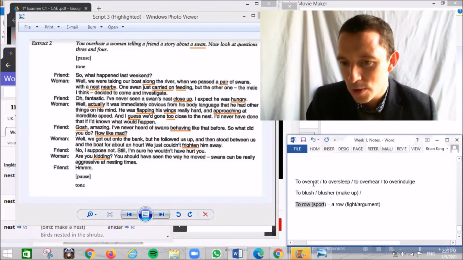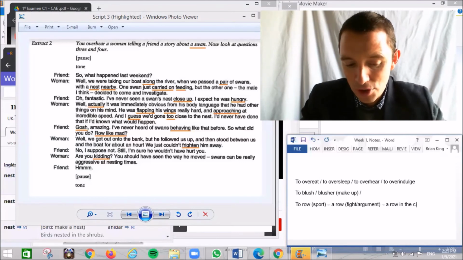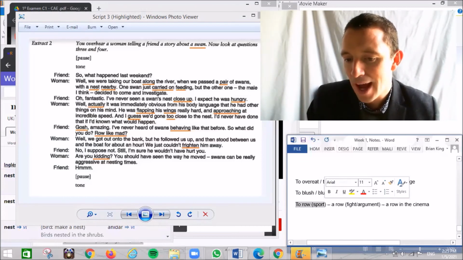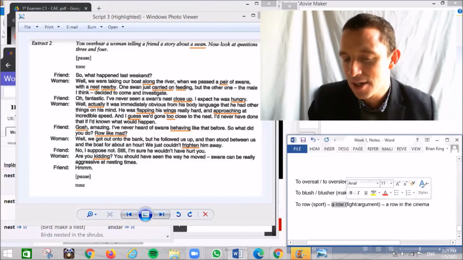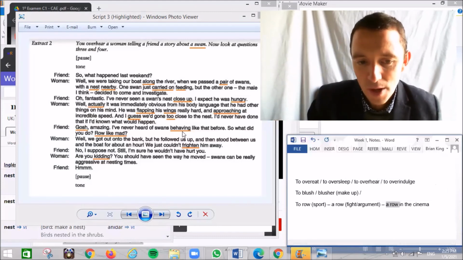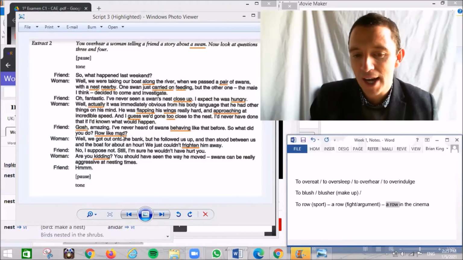So to row is remar, but a row is an argument or a fight, okay? And in the cinema, you have a row in the cinema. So there's three meanings of that word. Remar, to row. A row, an argument or a fight, or a row in the cinema, like a linea, a line. Okay. Row like crazy, like move very, very fast.